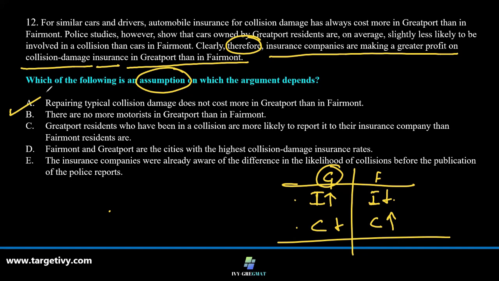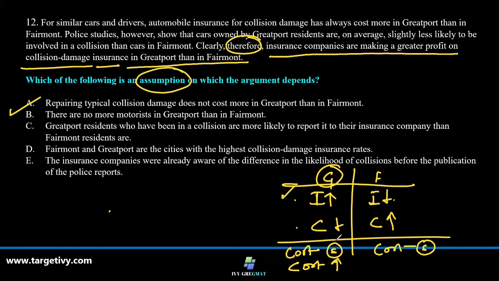If the collision damage cost is the same in both cases, then definitely the insurance companies are making more profit. If the cost is high here, then definitely insurance companies are not making profit here, because with fewer collisions, still the cost is high.